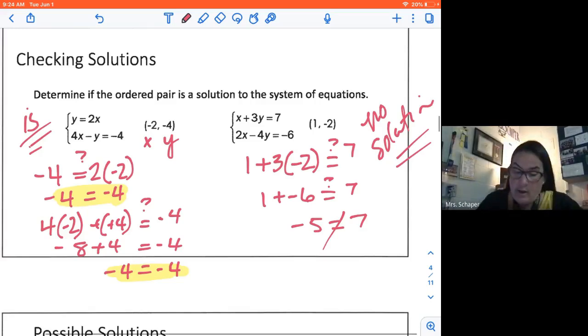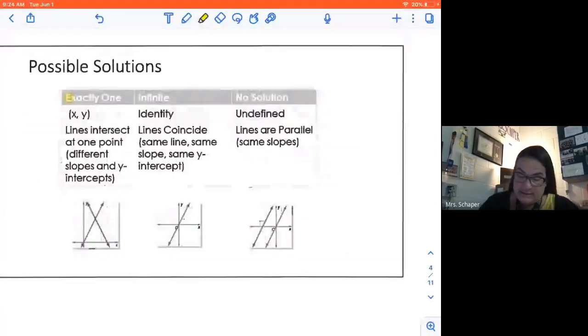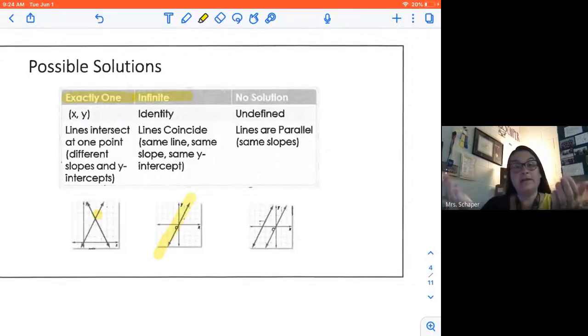All right, now, when you have a system of equations, you can have where they intersect at exactly 1 point. You can have infinitely many solutions, which means that the line is the exact same. Both lines, when you graph them, are on top of each other. That's called an identity. It means that there's infinitely many solutions. Or you can have no solution.